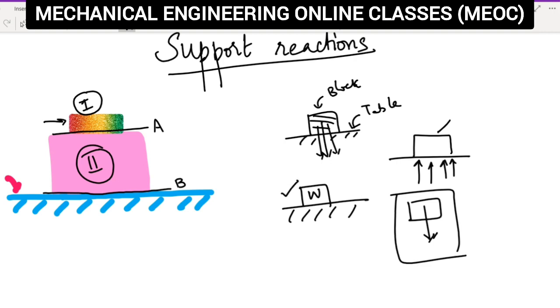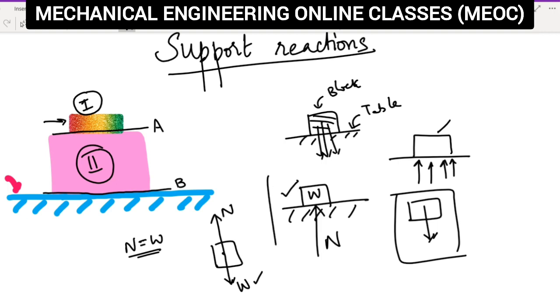This is because the table is giving an equal and opposite reaction, that is the normal reaction. So this object of weight W has two forces on it. One is its own weight acting vertically downward, the other is a normal reaction N, which is along this weight force. So N is equal to W, because here there are no other vertical force components. So in this particular example, W is equal to N.